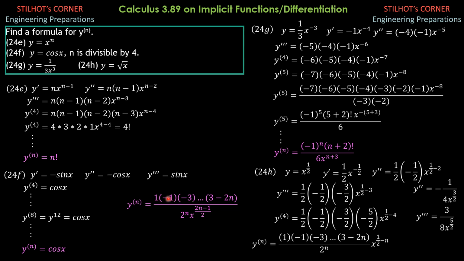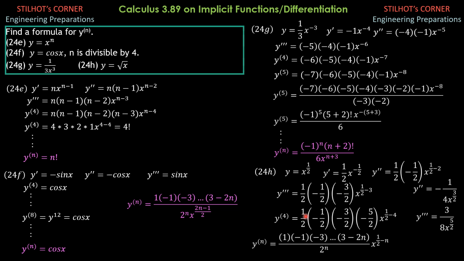So 1 times negative 1 times negative 3 is positive 3, which is that. All over 2 cubed, which is 8. Then the exponent of x in the denominator is 2 times 3, 6 minus 1, 5 halves. So which is that. Lastly, let's check this part.